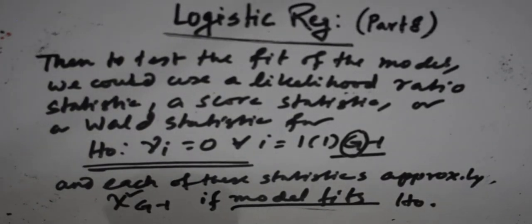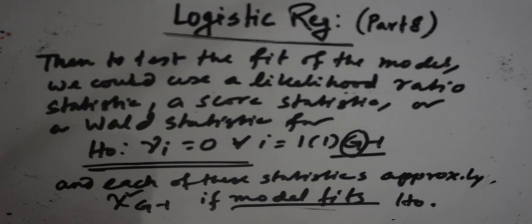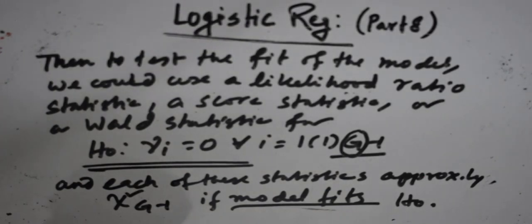The score statistic only requires the estimate of beta naught, beta 1 under the null, but both the likelihood ratio and the Wald statistic require the estimate of gamma g from the alternative model.